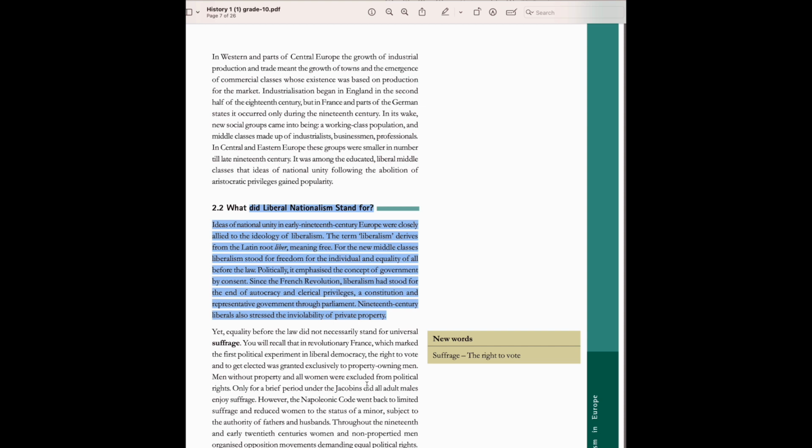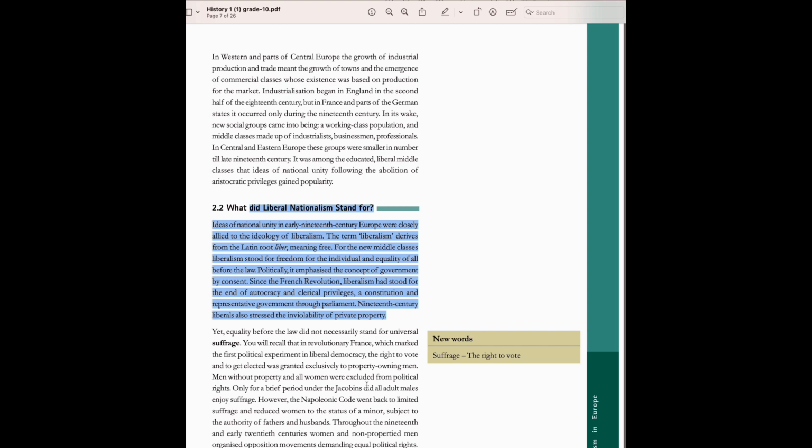Industrialization began in England in the second half of the 18th century, but in France and parts of the German states, it occurred only during the 19th century. In its wake, new social groups came into being, a working class population and middle classes made up of industrialists, businessmen, professionals.